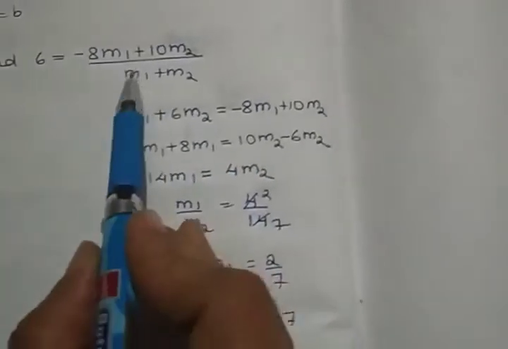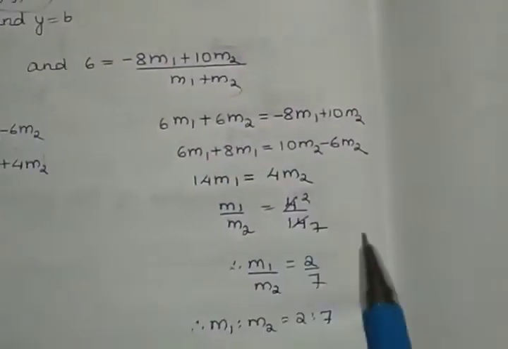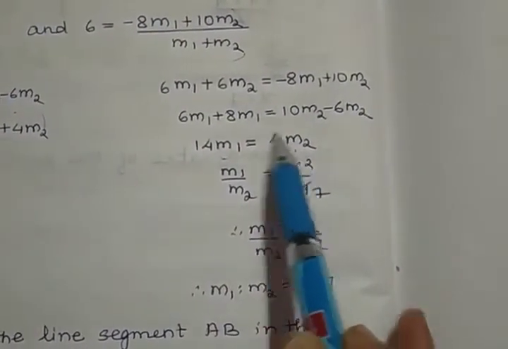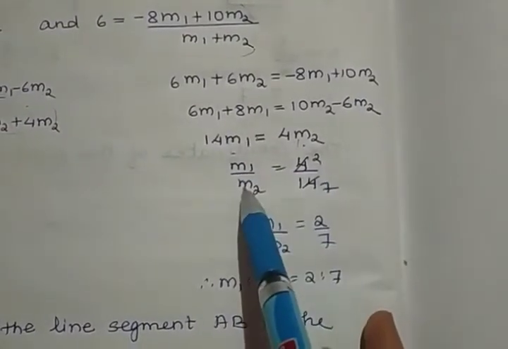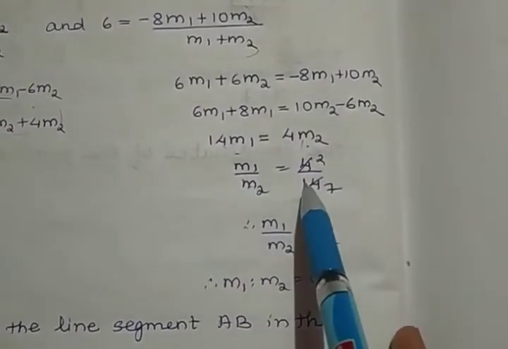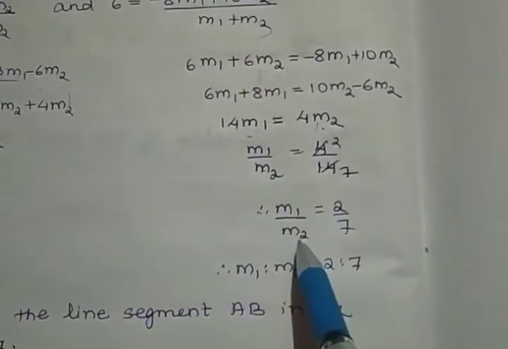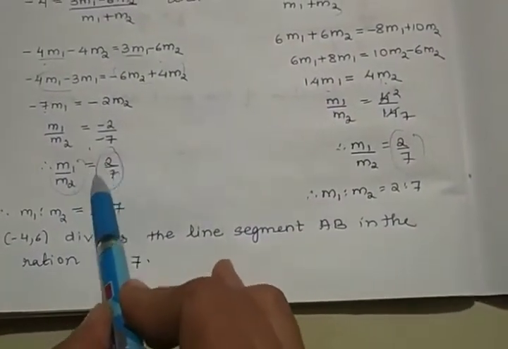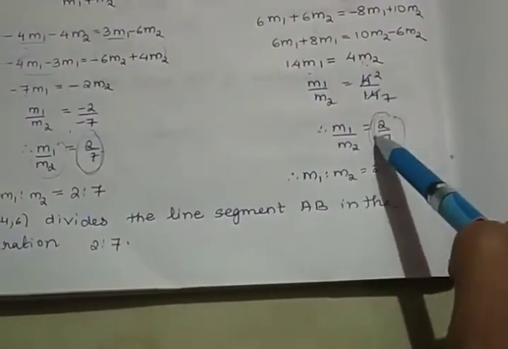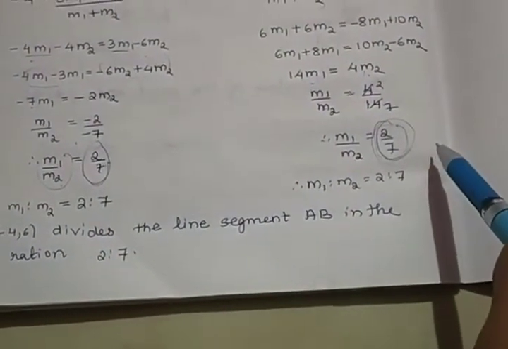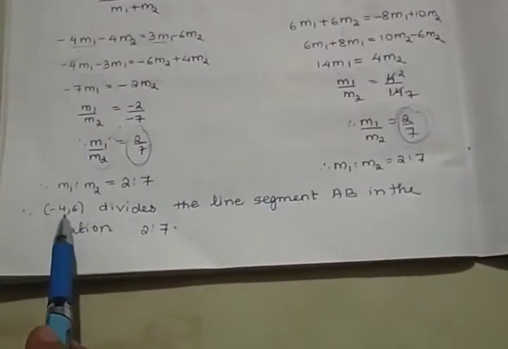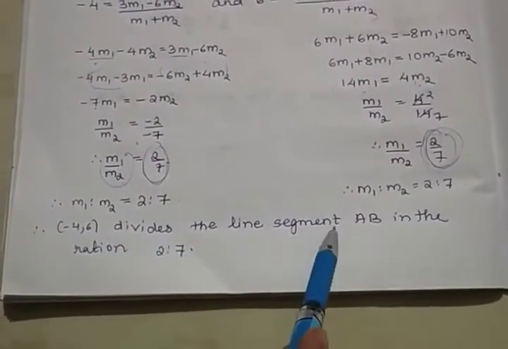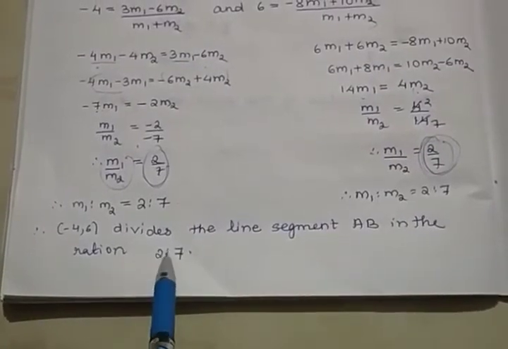Similarly, if I solve the y coordinate, I get 14m1 is equal to 4m2, so m1 upon m2 will be equal to 4 upon 14, which is 2 upon 7. So you see, the x coordinate gives us the same ratio and the y coordinate also gives us the same ratio. So we can say that (-4, 6) divides the line segment AB in the ratio 2:7.